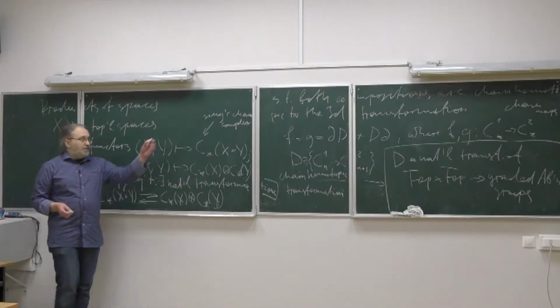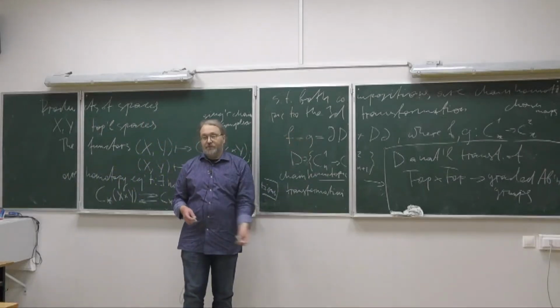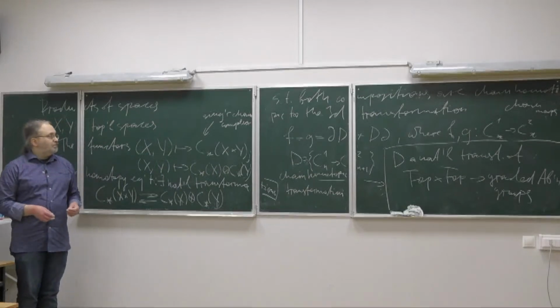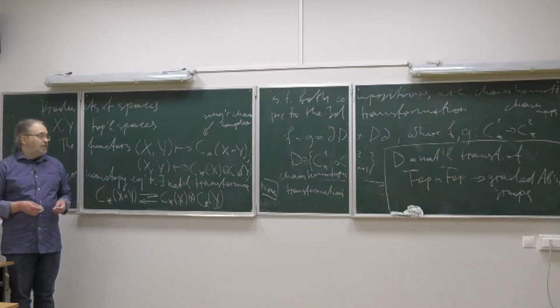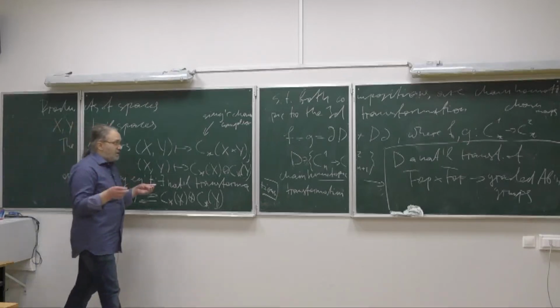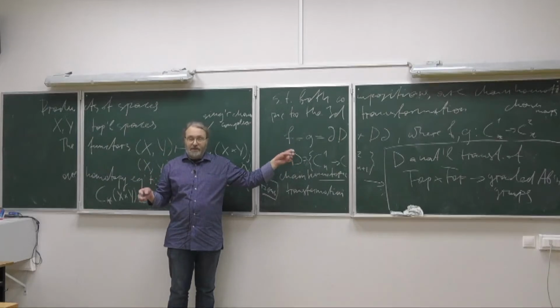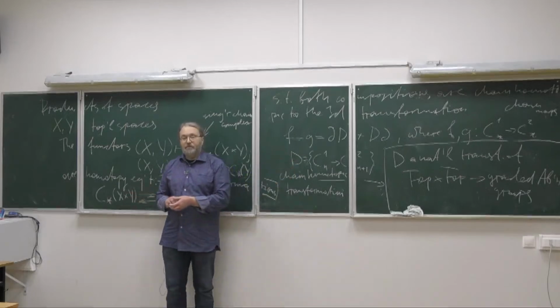In other words, the chain homotopy D can be chosen to be a natural transformation. Not just a random D for each x, y individually, but a D which would be a natural transformation.